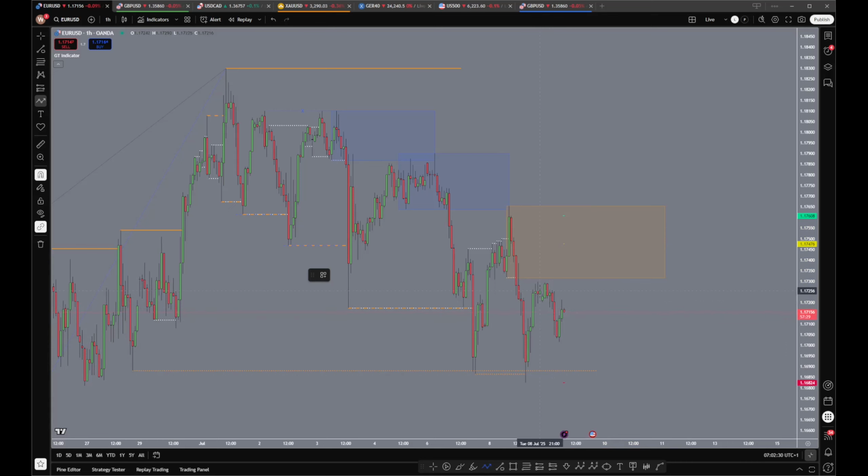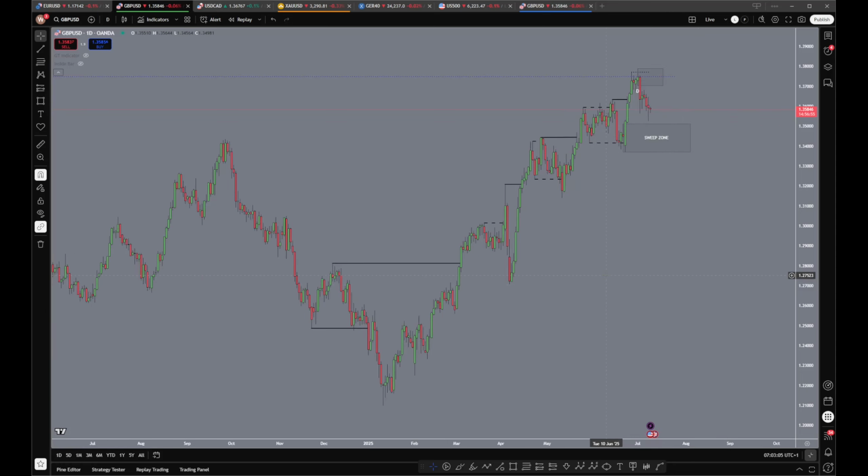So there's going to be loads of people who are going to have their stops above here. So if we break into here, I wouldn't be too surprised to see that being used as fuel to fuel the downside. So we can look for trades, look for our entry models if we break into this area.